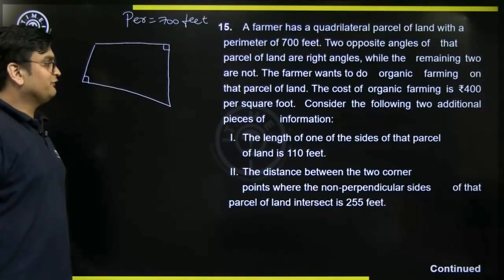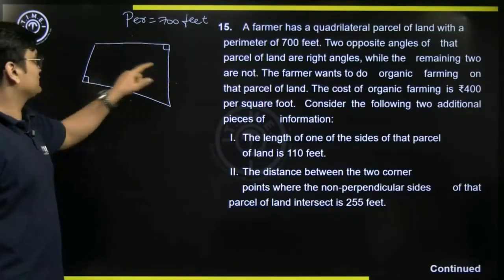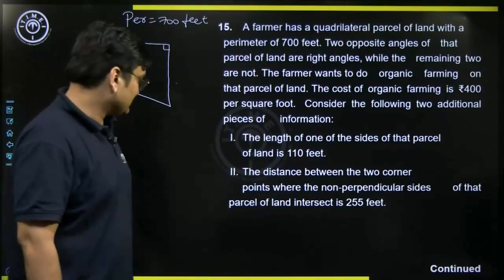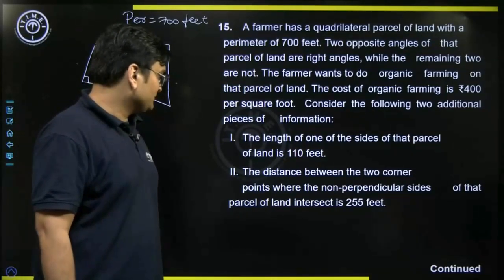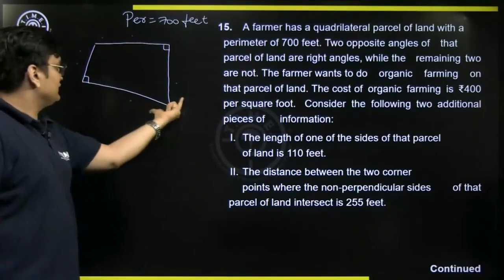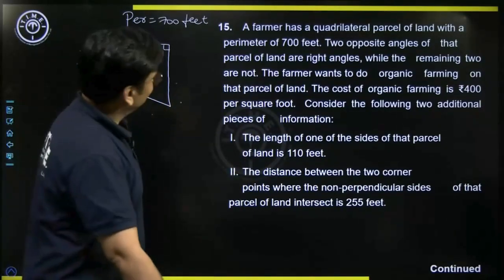The length of one of the sides of that parcel of land is 110. So either this or this or this or this, one of the sides. The distance between the two corner points where the non-perpendicular sides meet, so these two and these two, is 255. So basically he is giving us one of the diagonals.